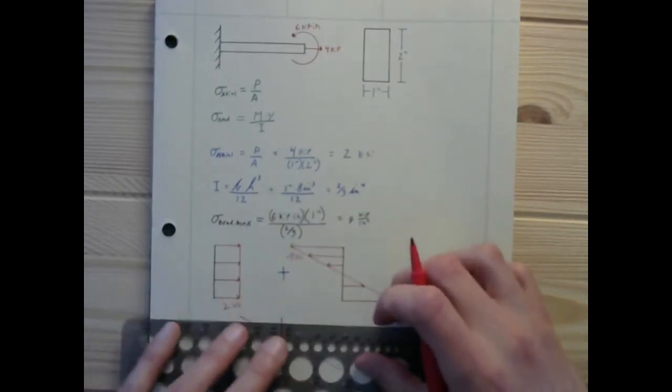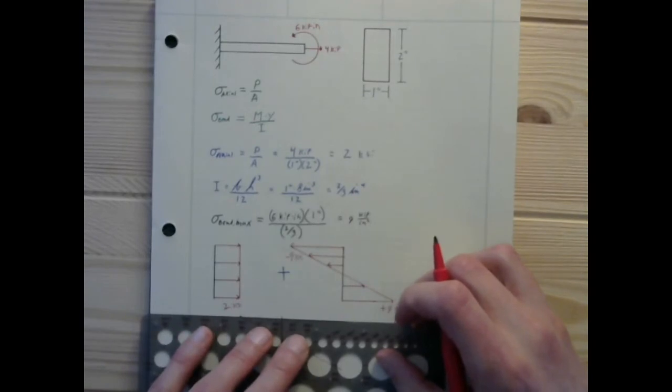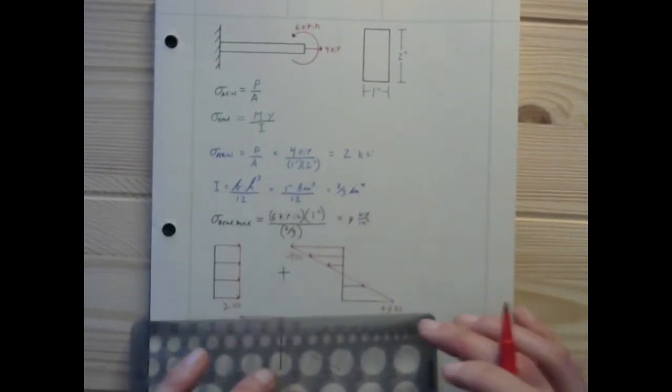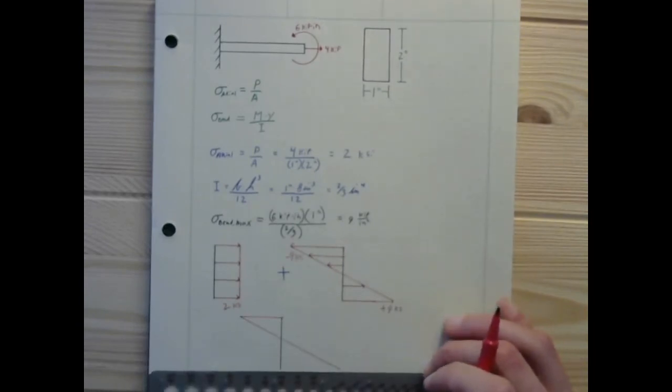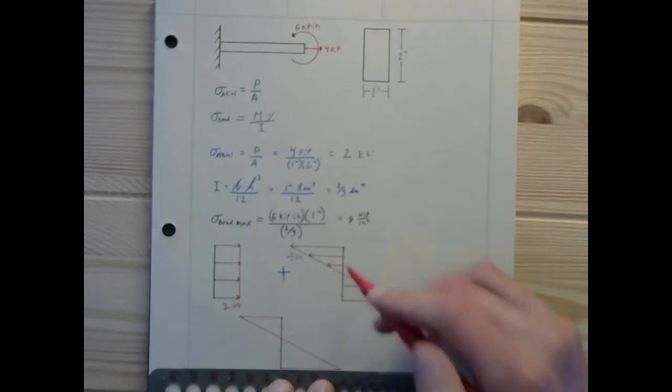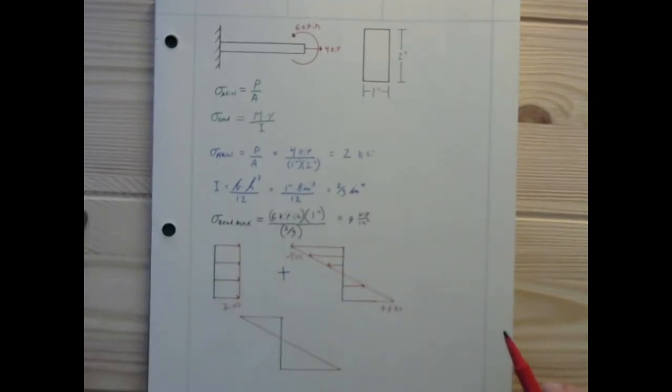All right, so this means that the location of the neutral axis has changed. Remember when we talked about bending earlier, and we said that the neutral axis was the fiber where there is no stress or strain. That's going to be occurring, in this case, right here, right in the middle. And that's how it's usually been.